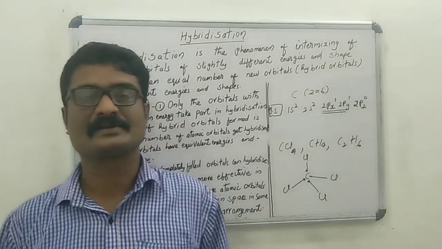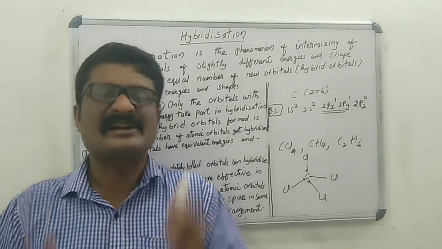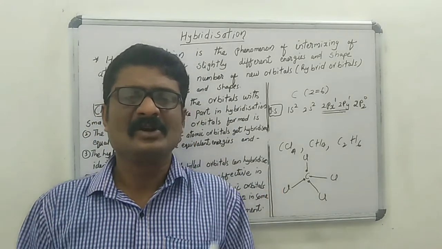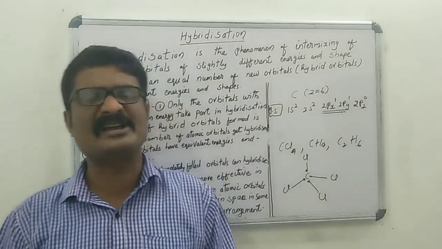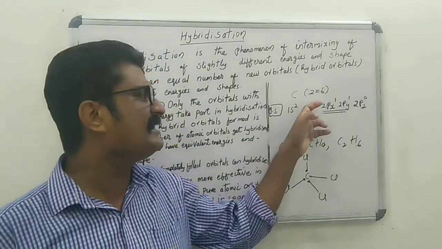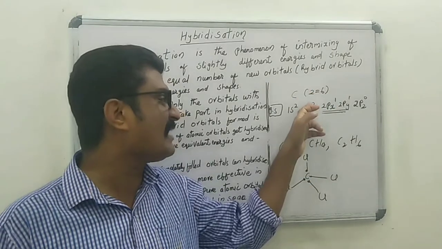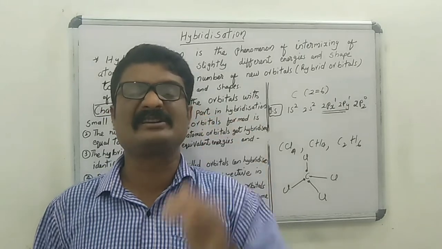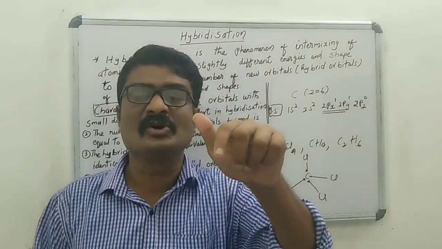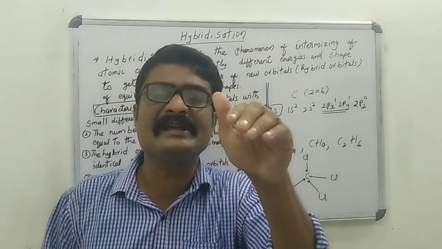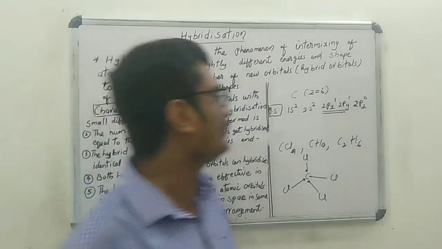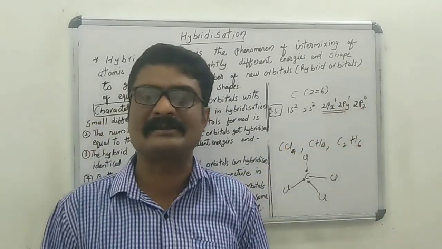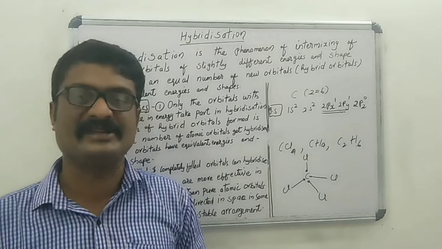In order to explain the tetravalency of carbon, it was proposed that at the time of chemical combination, one of its valence electrons from the 2s orbital is promoted to the empty 2pz orbital, which is in higher energy state.